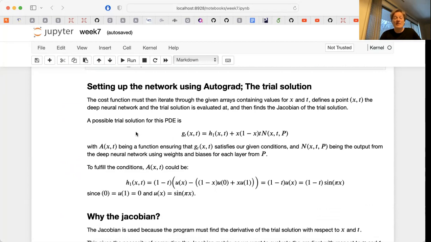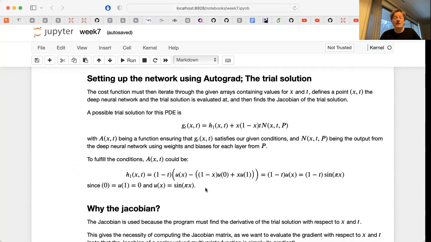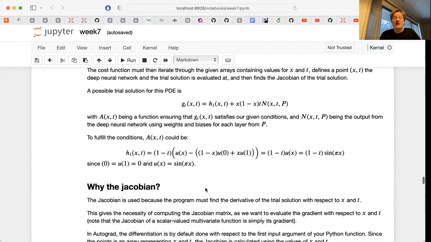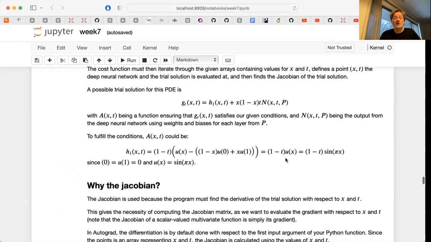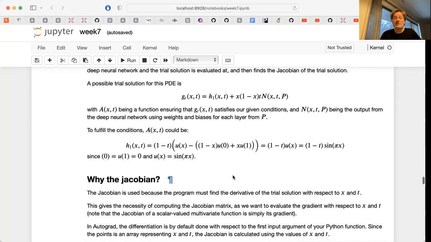And you would have a function now which contains both the time dependence and the spatial dependence. And there is a trial function here, which we assume now should obey the boundary conditions. So we have a specific boundary condition here, which goes like a sine of pi of x.